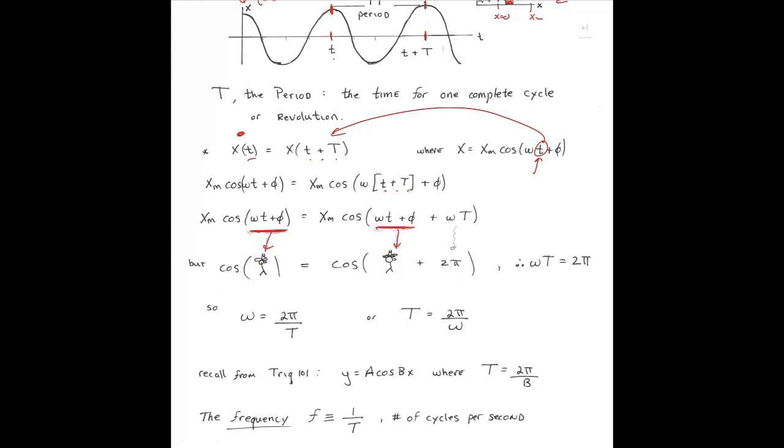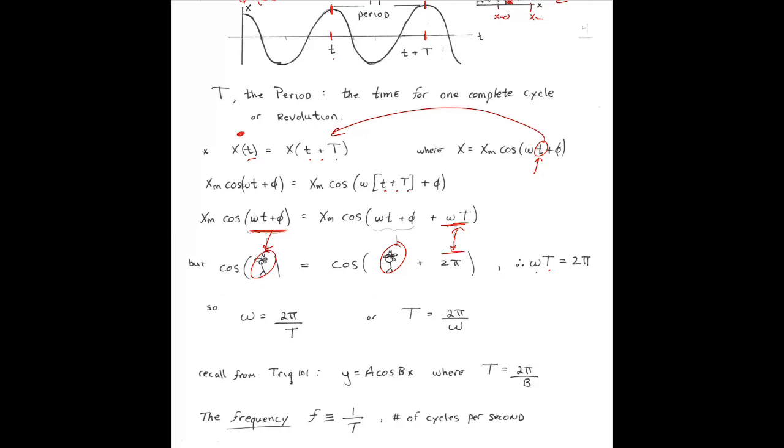So if I match these up, that argument and that argument are the same, then this thing left over must be 2 pi. So omega times the period is 2 pi. Divide by the period, and that says omega is 2 pi over the period.